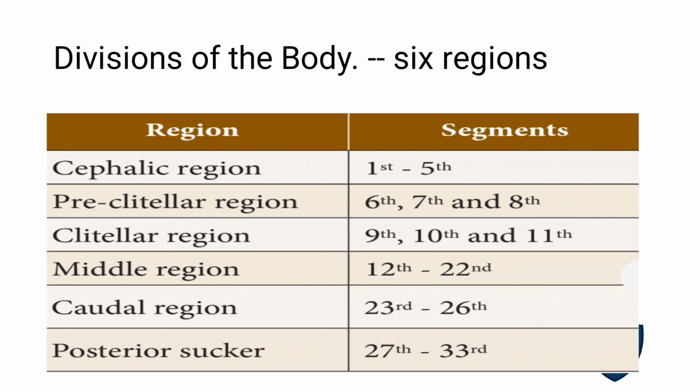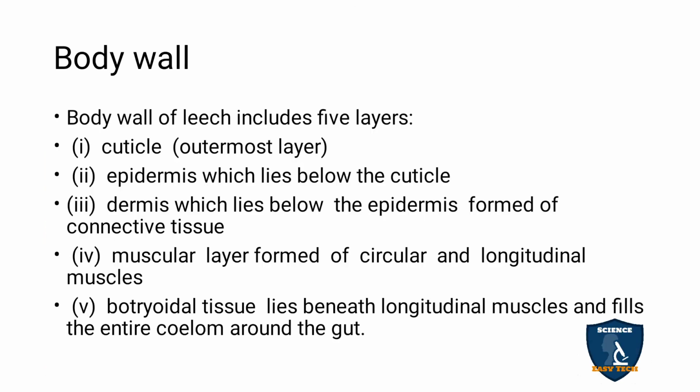The caudal region is the tail region, 23rd to 26th. The posterior sucker is from the 27th to 33rd segment. So these are the regions present in the segments of the leech body.